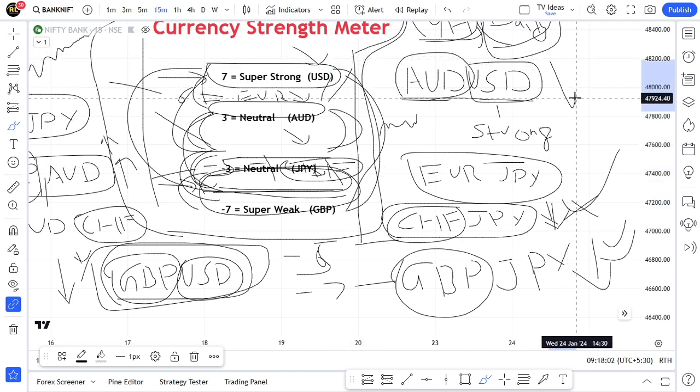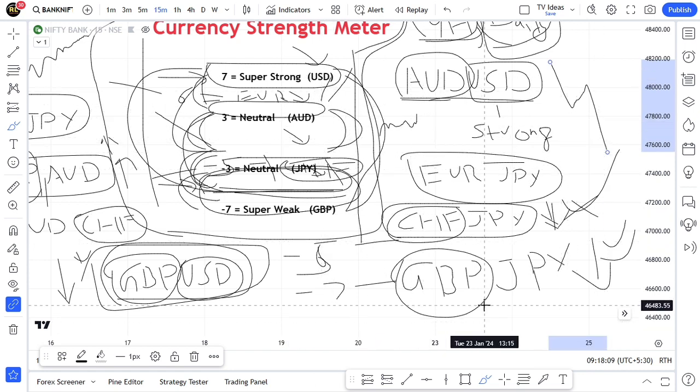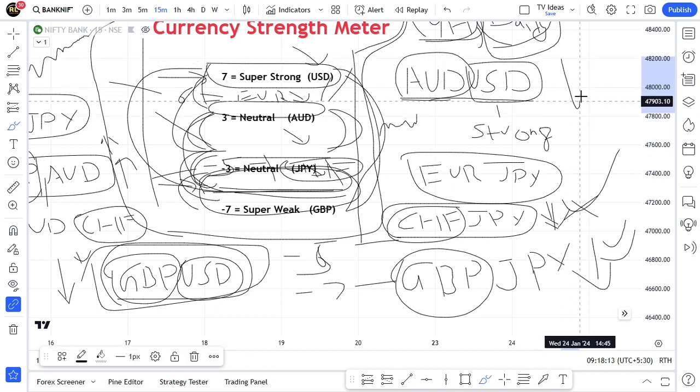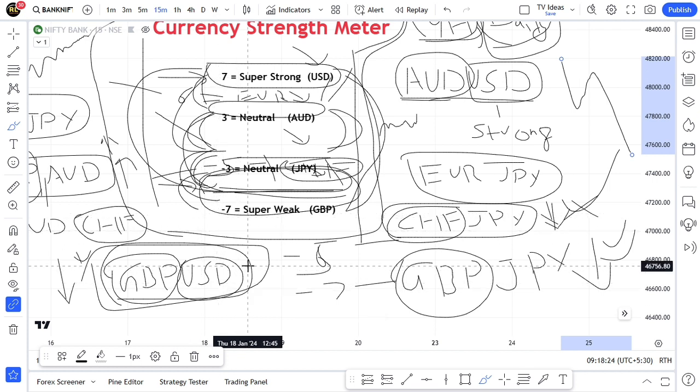What the market will do, it will come here like this, and it will start falling down, while super strong clubbed with neutral will follow it like this. Let me show you. It will come here, then it will give you a good pullback, and then it will go down. So capturing these super strong and super weak pairs is not very easy. You may have stop losses, or you may be facing difficulties.